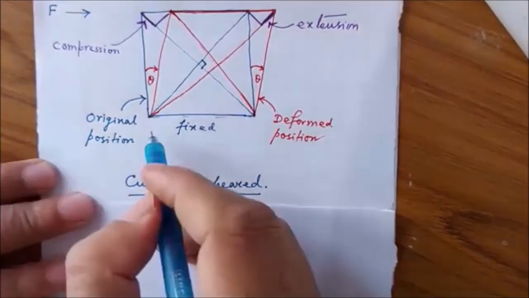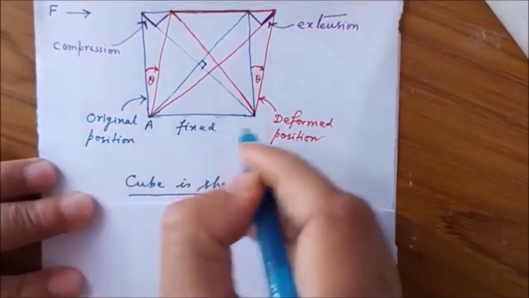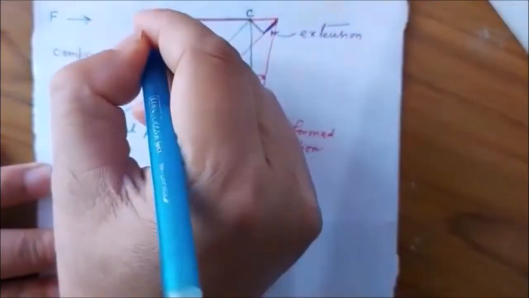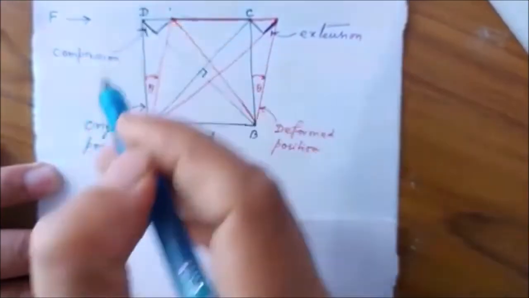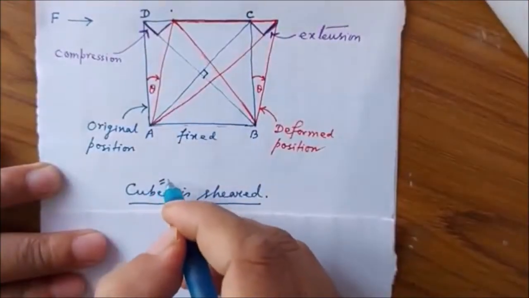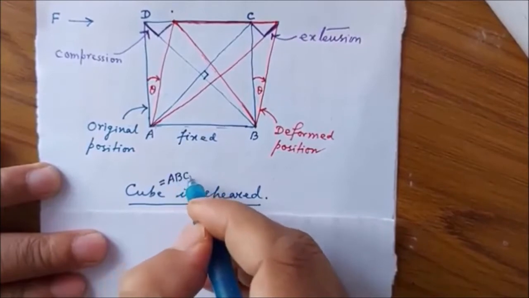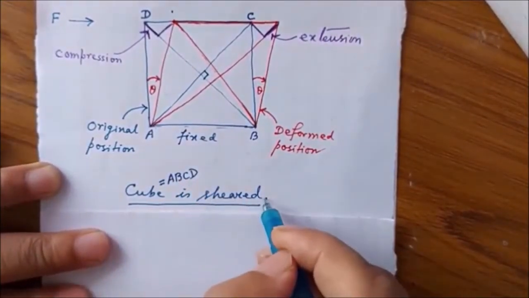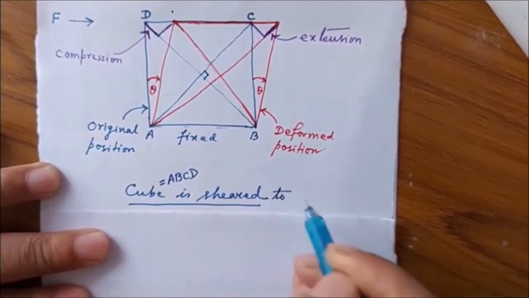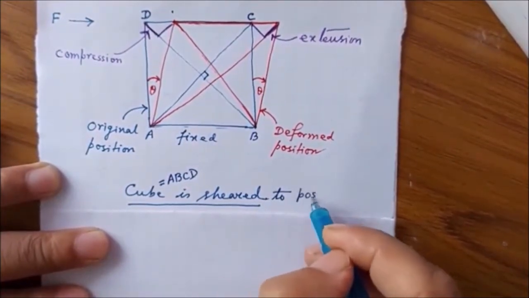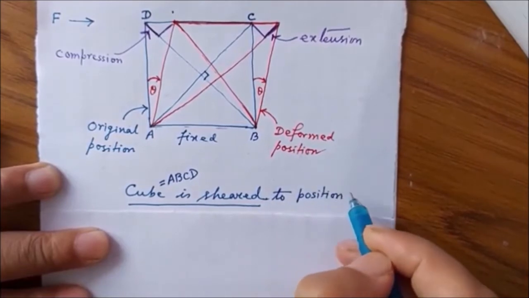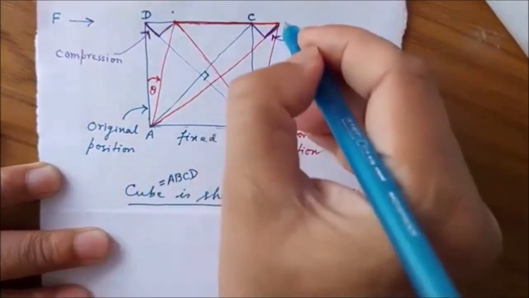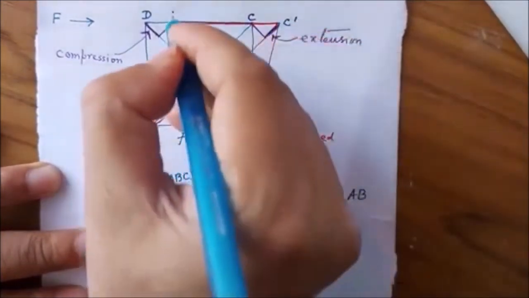Let us prove it. Name the cube A, B, C and D. So the cube is ABCD, and it is sheared to position A, B, C prime and D prime.